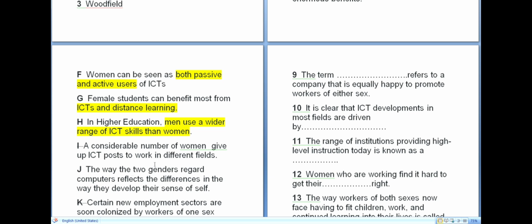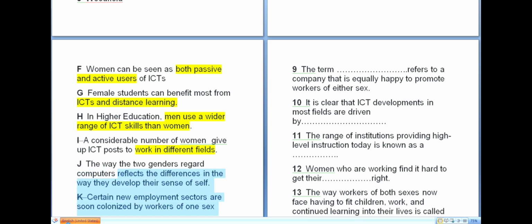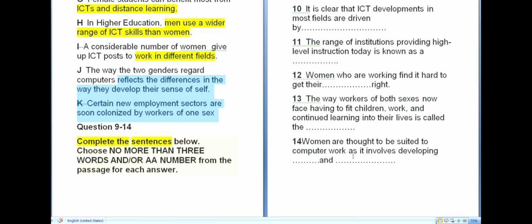The J option. The way the two genders regard computers reflects the differences in the way they develop their sense of self. The way they are interacting with computers, the way they are working with computers. It shows their personality. So their personality becomes their major way of working with computers.